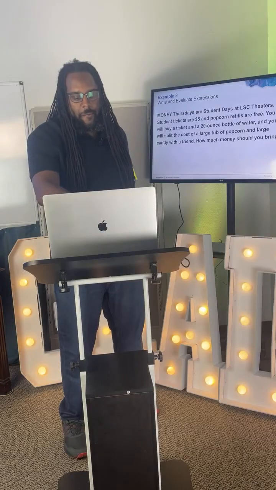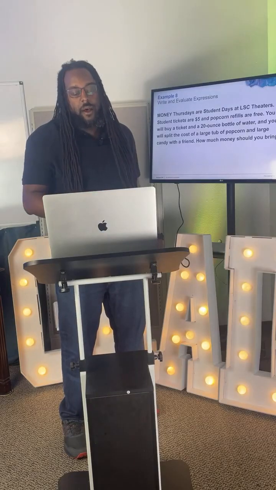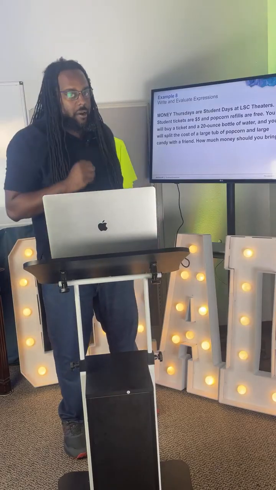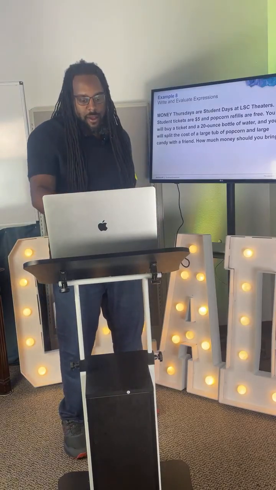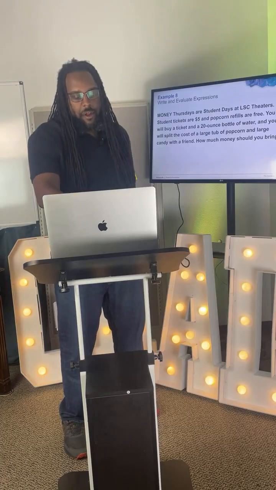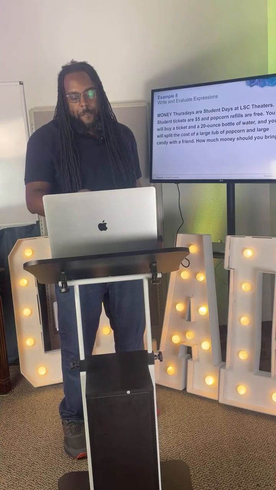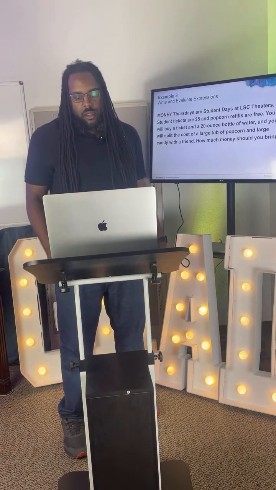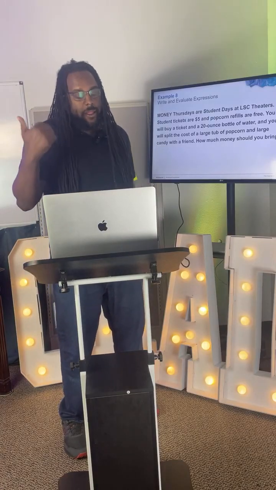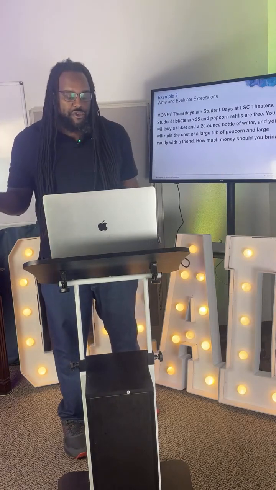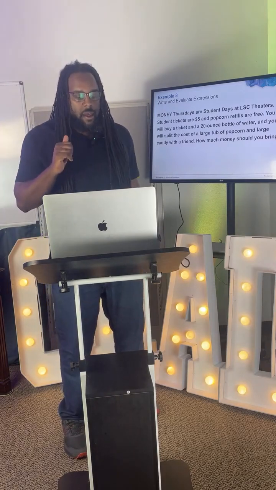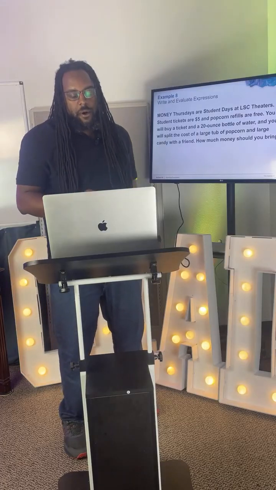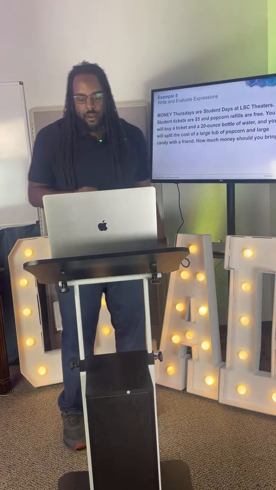We're going to get a 20-ounce bottle of water, so remember that we're going to need that 20-ounce drink. And then we're going to split the cost of a large tub of popcorn and a large candy with a friend. So remember that we get the ticket, we get the 20-ounce drink by ourselves, but then we're going to split the large tub of popcorn and the candy with a friend.